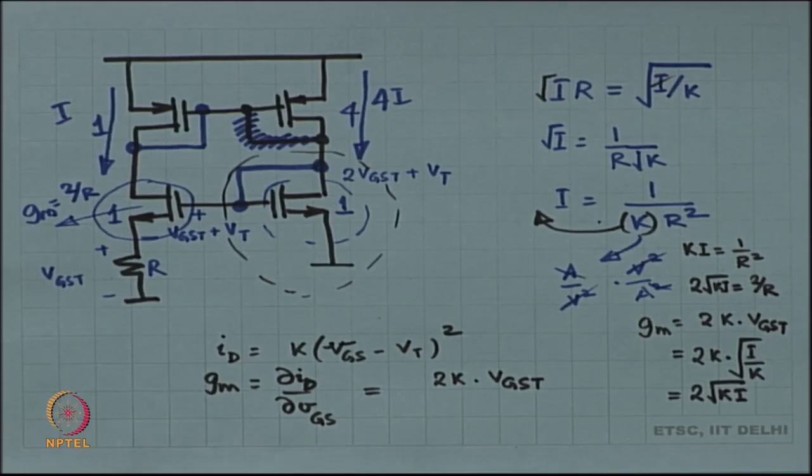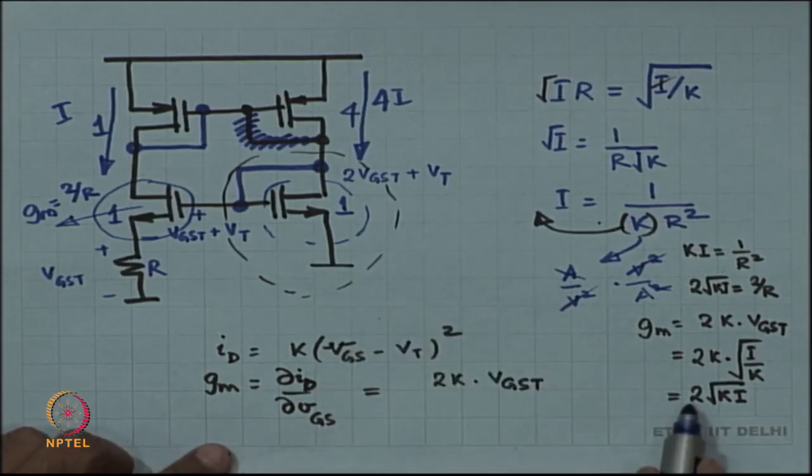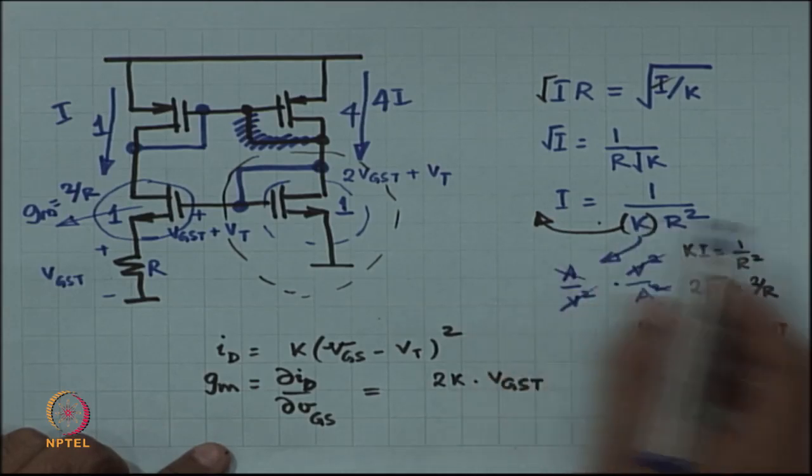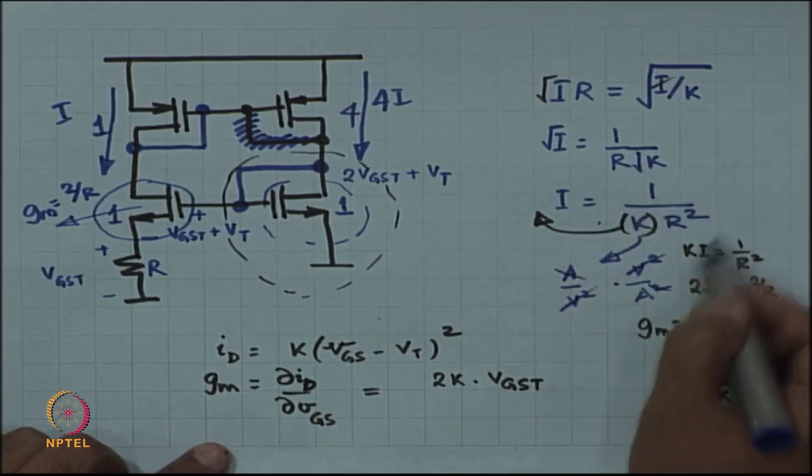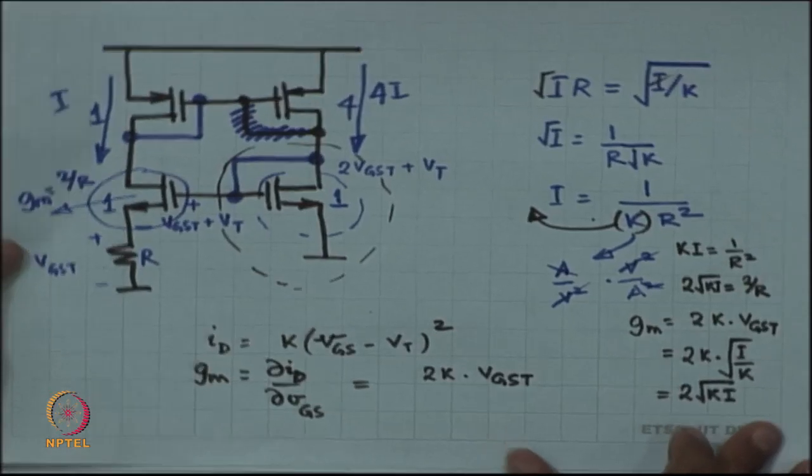So, what is its GM going to be? The GM of the device is 2 times root k I. I over here is 4 times what it was in the earlier case.